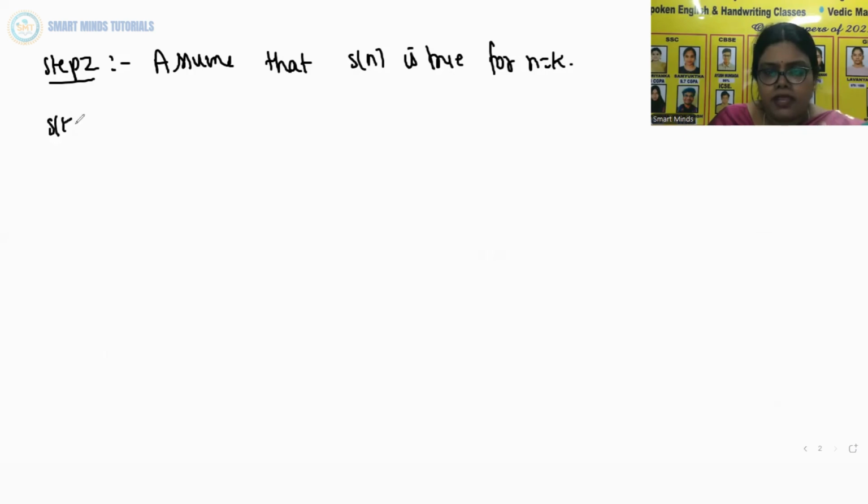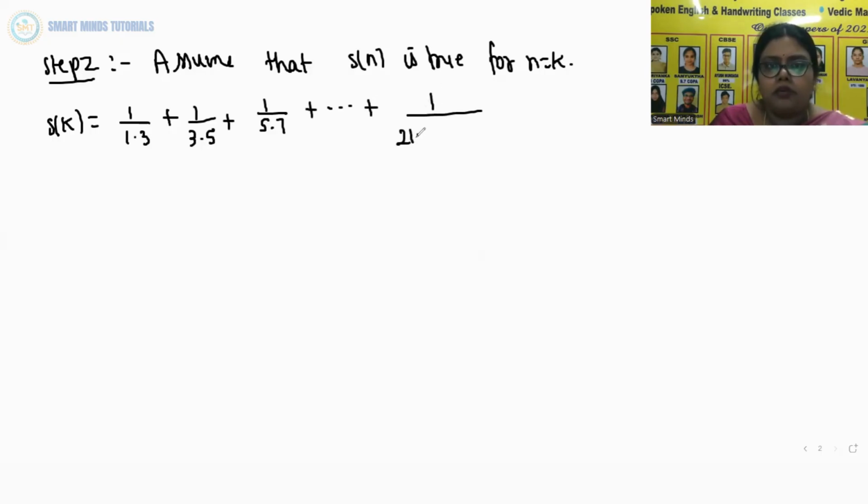So S of k is equal to 1 by 1 into 3 plus 1 by 3 into 5 plus 1 by 5 into 7 plus so on up to 1 by 2k minus 1 into 2k plus 1 is equal to k by 2k plus 1. Take this as equation number 1.